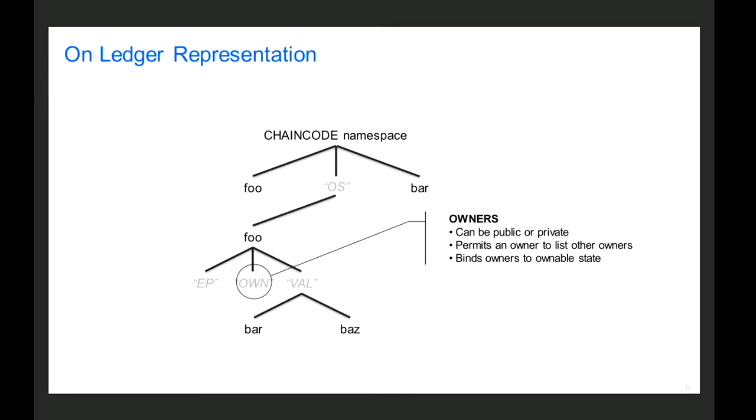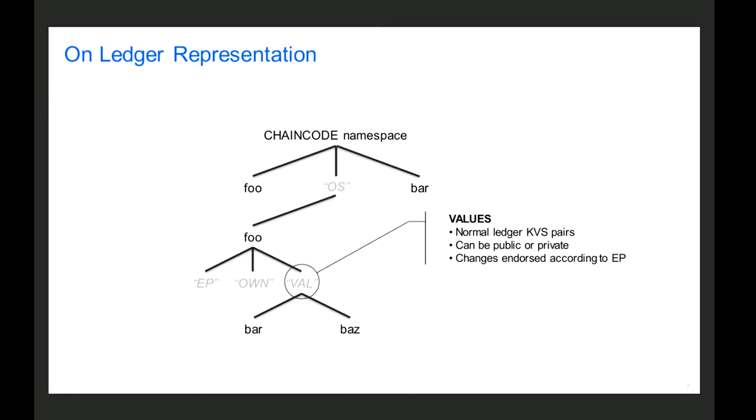The owners can be public or private. We'll go into details on that a bit more later on. This is also why they're separate from the endorsement policy. This metadata also permits an owner of an ownable state to list the other owners and binds the owners to an ownable state. It makes it perfectly clear who the owners of an ownable state are.